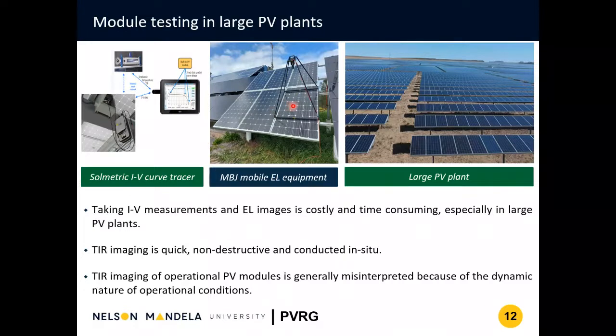But these testing methods consume time and they are costly when applied on larger PV plants, since they involve switching off the strings to be tested and disconnecting the strings and modules to be tested, unlike TIR imaging, which is conducted while the modules are operational.